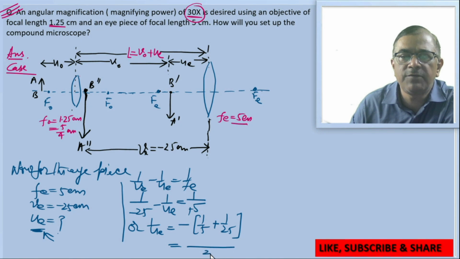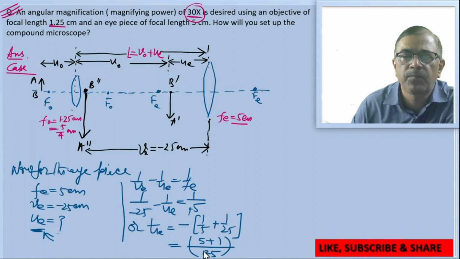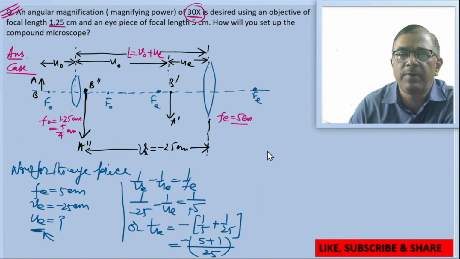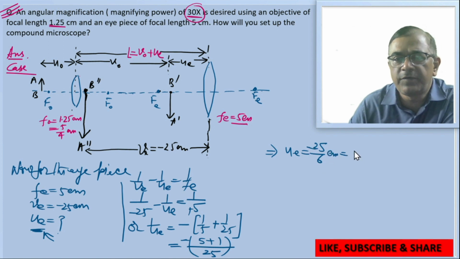Take 25 as LCM. So what do you get? You get 5 plus 1. And this implies that the value of UE equals 25 by 6 centimeter. So this equals minus 4.17 centimeter. Is it right?